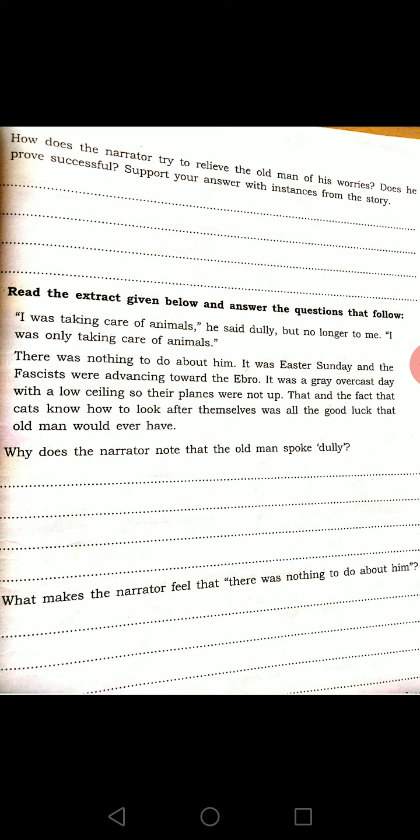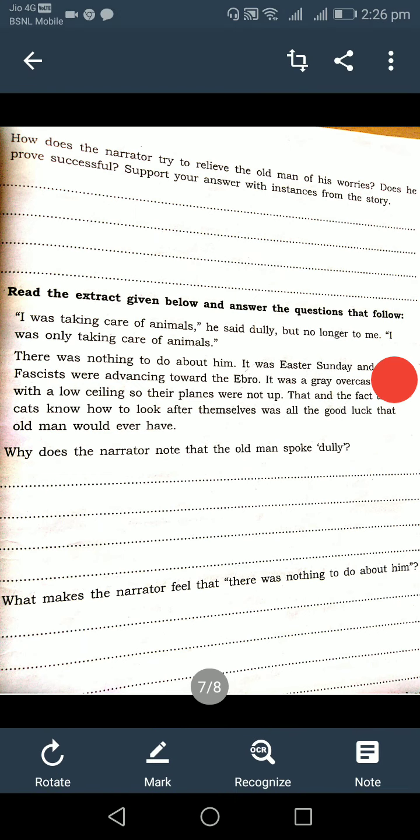The narrator actually becomes a friend for the old man, but he is not able to relieve him of his worries. The old man surrenders to his fate, and till the end he only thinks of his animals. So the narrator therefore realizes that nothing can be done about him, and so he moves on, leaving him at the bridge.